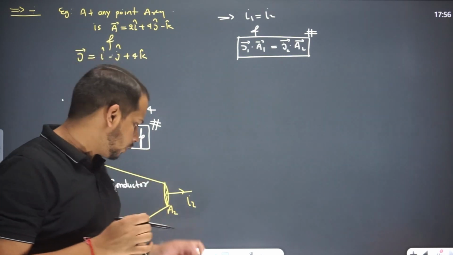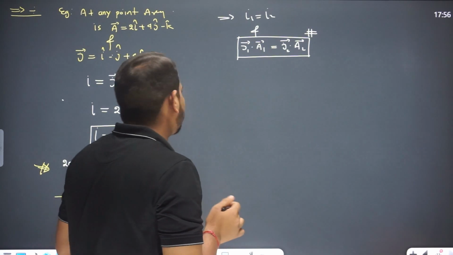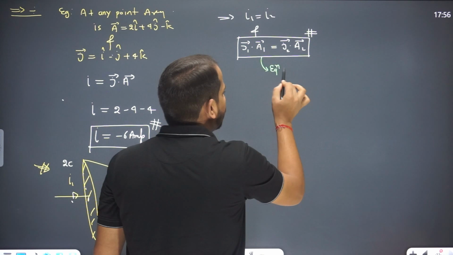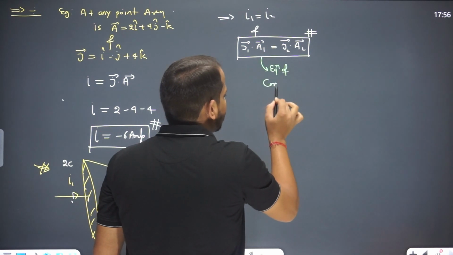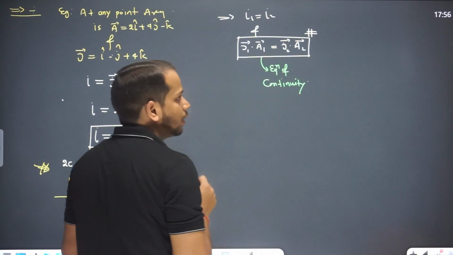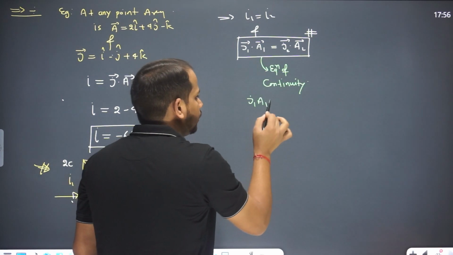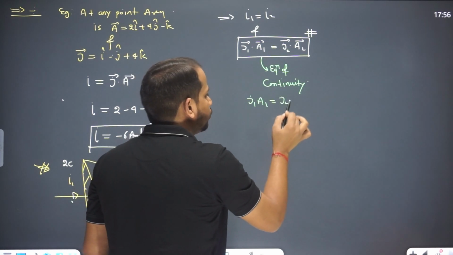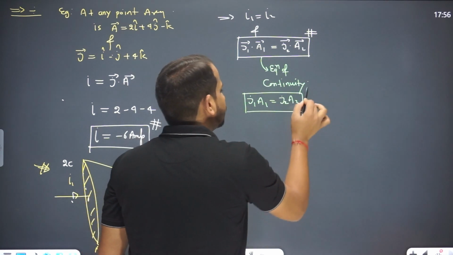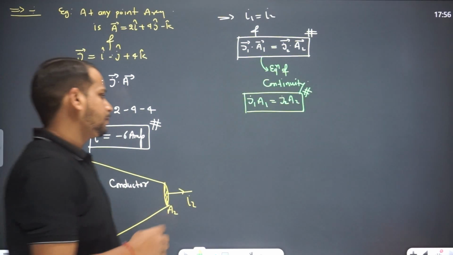That is called the equation of continuity. So if we are saying the current is flowing through this conductor, then this is the equation of continuity. You can also write it directly as J1 A1 is equal to J2 A2, because in this one you can observe both have the same direction, so theta will be 0 degrees and cos theta is 1, right?